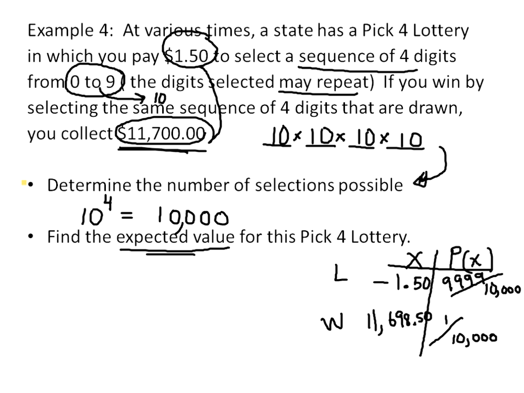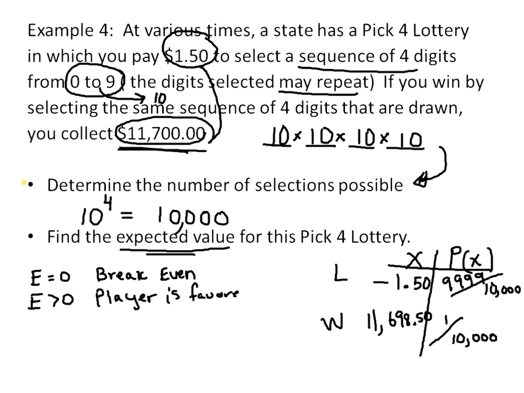Now, if the expected value is equal to 0, that means we break even. Neither the player nor the state is making any money here. If the expected value is greater than 0, that means the player is favored. So it favors the player.